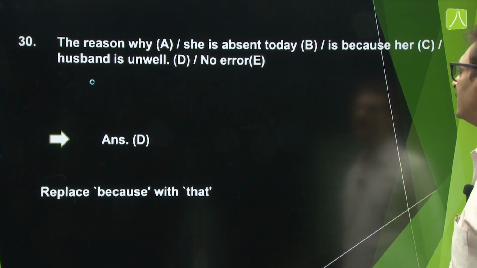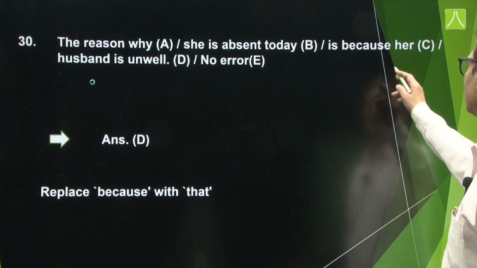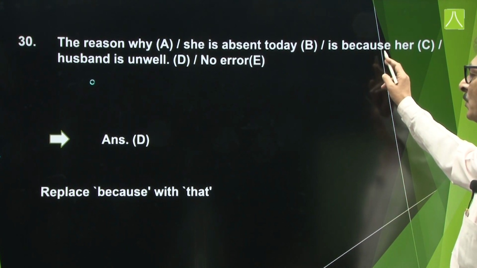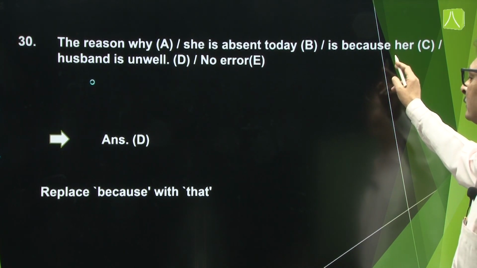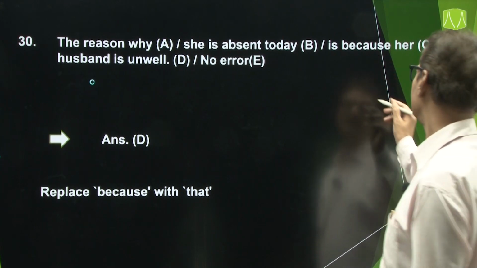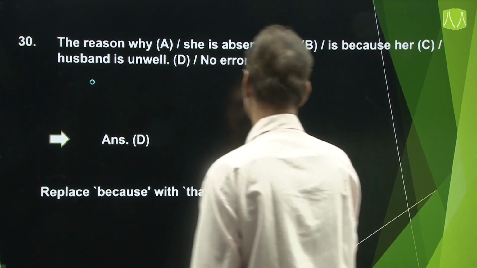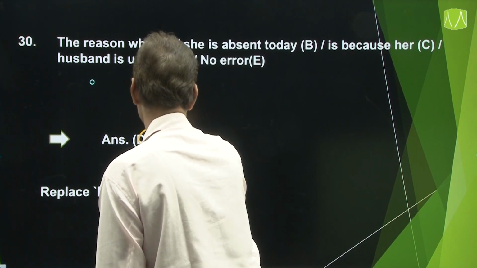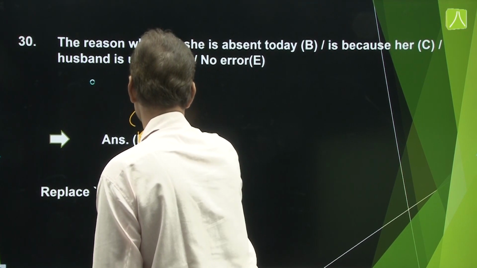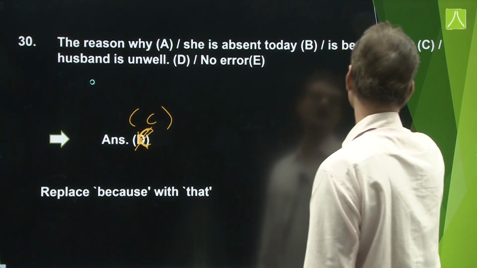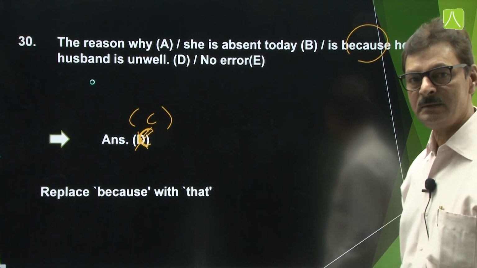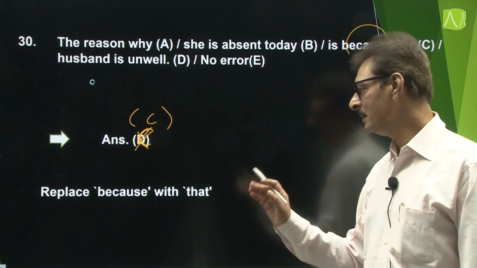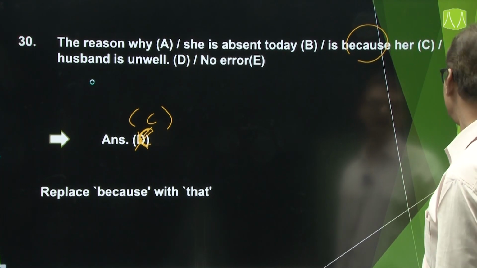The reason why she is absent today is that her husband is unwell. Yes, again some typing error. ये C होना चाहिए. This should be C. ये D cancel करना. The answer is C over here. Because is that. The reason is that. Reason because नहीं, reason के संग that आएगा. Yeah, replace because with that.